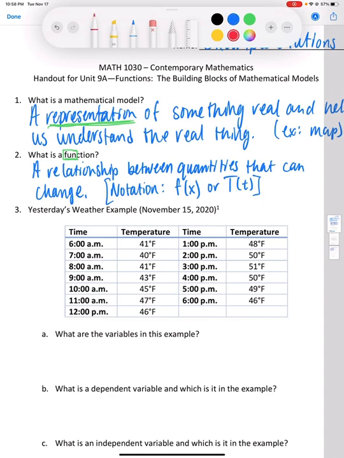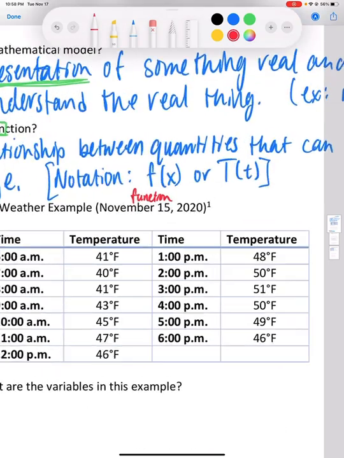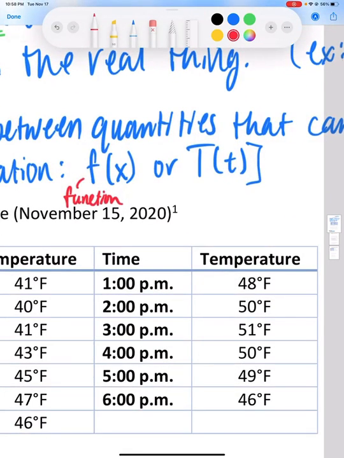The f is a function, and the x is just a generic variable. Let me rewrite that. So that's a function there. F stands for function, and x was the generic variable.